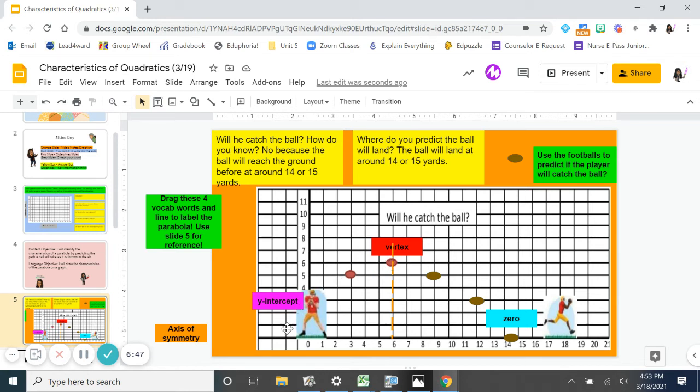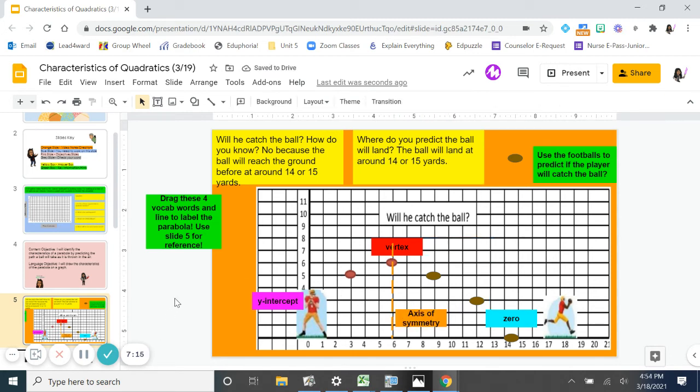So to the left, every point should be the same distance away from this line. So like this point right here is 3 yards from the line, because 1, 2, 3. So this one should also be 1, 2, 3 yards away from this line. Same thing for every point. And that line is what we call the axis of symmetry.